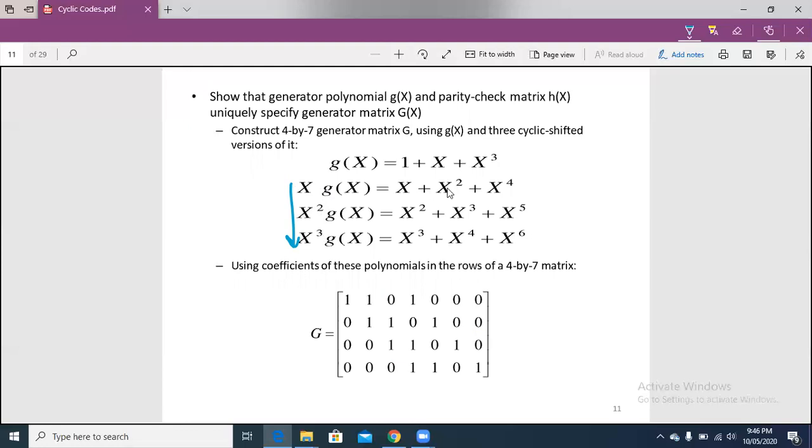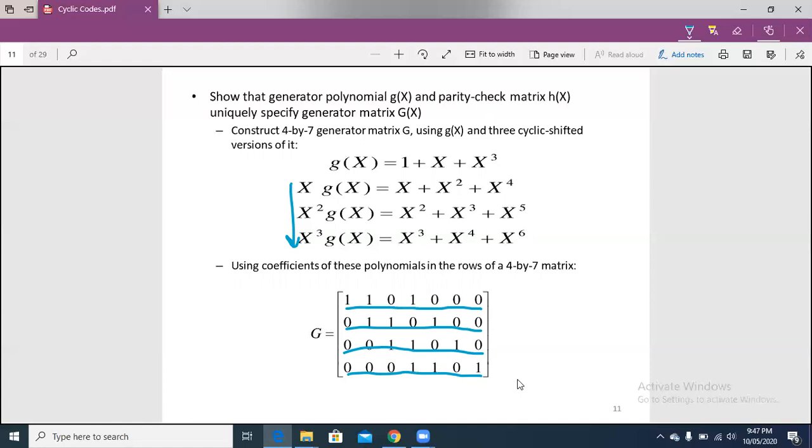So we have the x shift, the x2 shift, and the x3 shift. We will have this form of the generator polynomial, and this is a 4 by 7 matrix. But this matrix is not in systematic form.